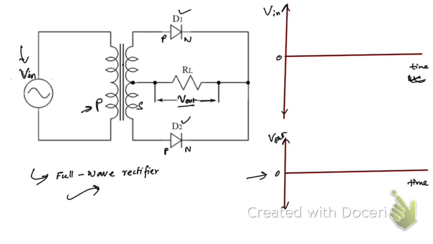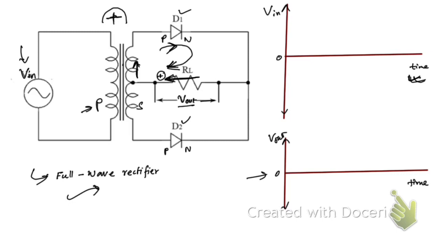Suppose we have taken this direction as positive, so this is the direction of current. Let me take the positive cycle. The direction of current in the upper loop will be in this way. From here you see it is P to N, so it is forward biased. The direction of current through this resistance will be in this way, so let me take this as the positive direction for this positive half cycle.